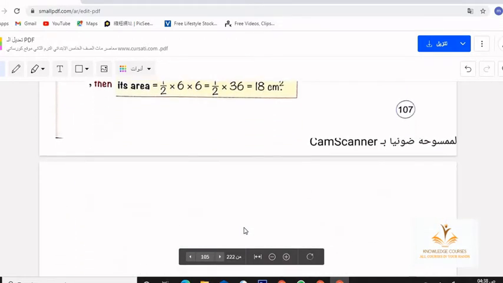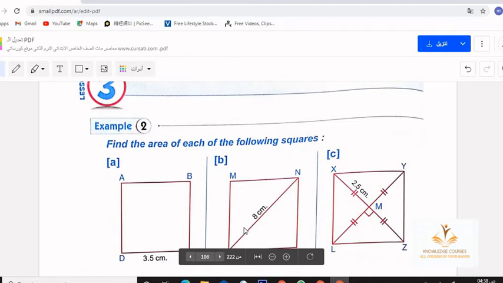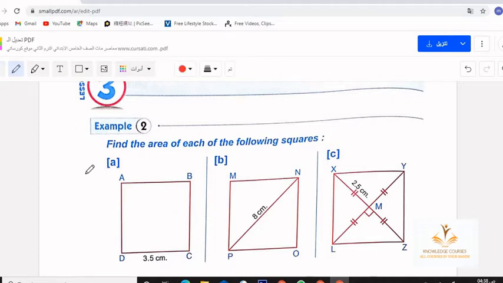Example, find the area of each of the following squares. Side length in this square equal 3.5. So area equal 3.5 multiply 3.5.